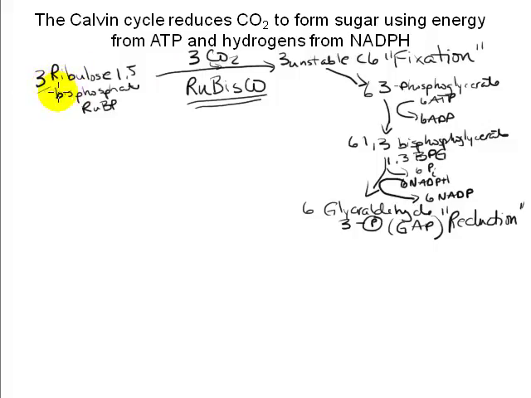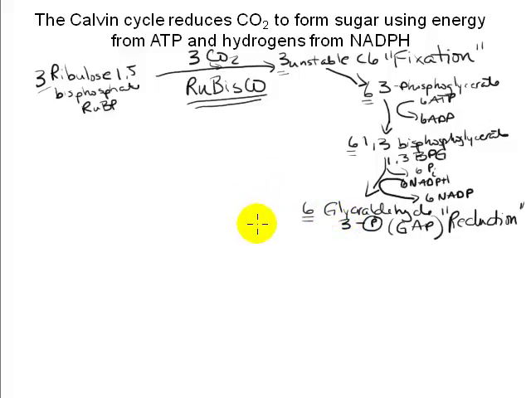So 3 RuBPs each have 1 carbon dioxide added, producing 3 unstable 6-carbon intermediates that split apart to form 6 3-carbon molecules of 3-phosphoglycerate. Those get phosphorylated to form 6 molecules of 1,3-BPG, which gets reduced to form 6 molecules of glyceraldehyde 3-phosphate, or GAP.